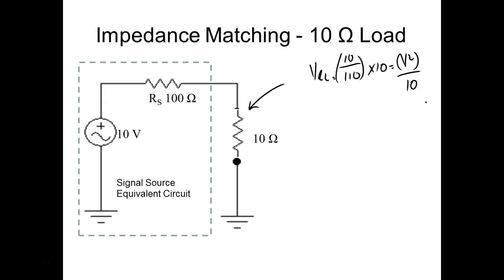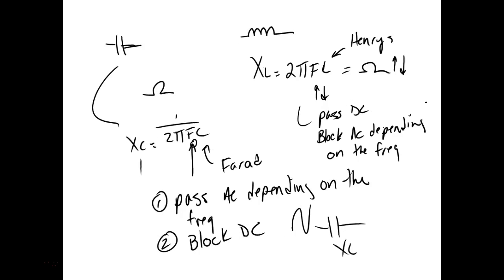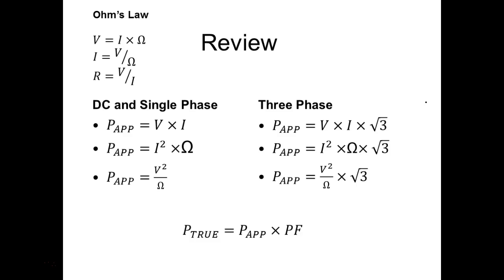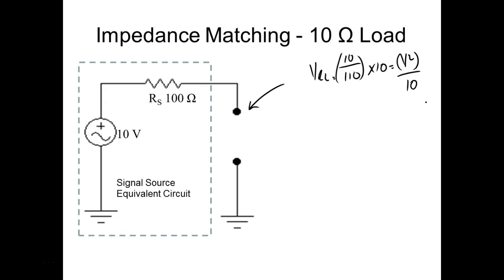So what I'm using is this power formula that says what? Power is equal to V squared over R. So we can do this with basically one whack, right? One nice little formula.